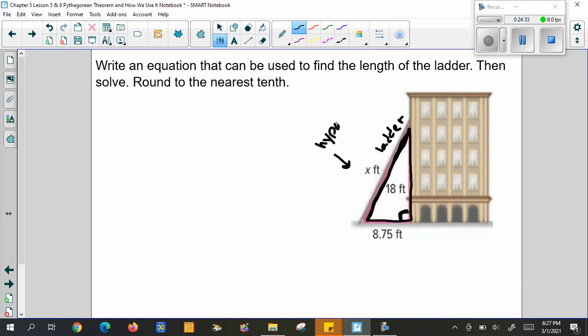And if I want to find a missing length in a right triangle, we have the Pythagorean theorem of a squared plus b squared equals c squared. Again, the hypotenuse is always c.